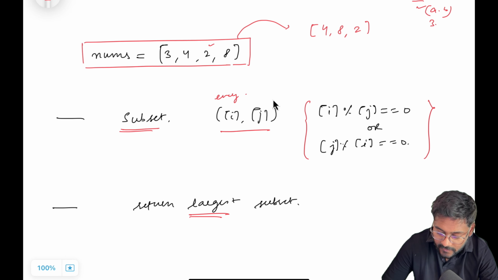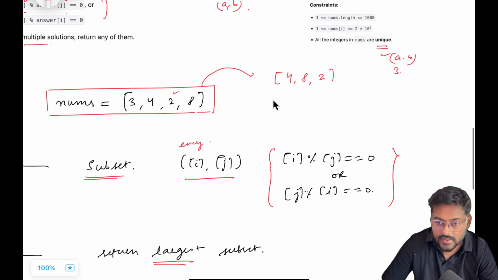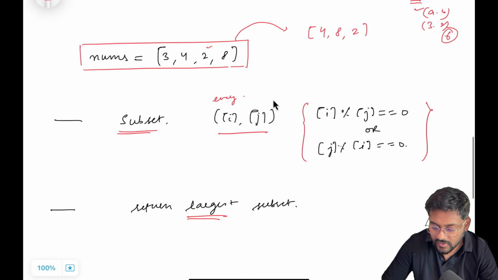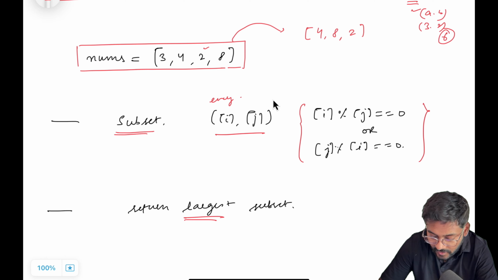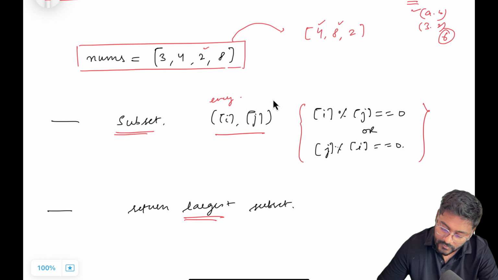A, B: for the first item we have 3 possibilities, then 2, which is 6. 6 pairs we are going to form, and in every pair, one item will be dividing the other. 4 is dividing 8 and 4 is divisible by 2. 8 is divisible by 2. So 6 is the permutation, and for combination we have 3.